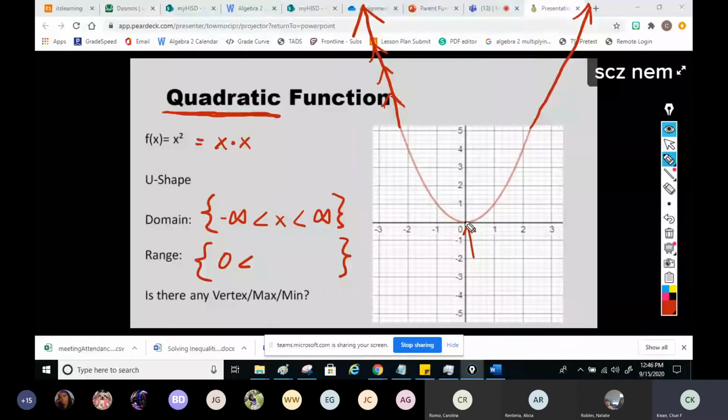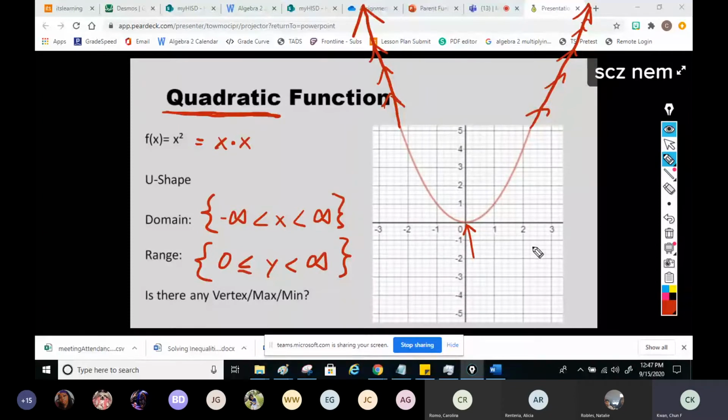If you don't see an open circle, we'll assume it to be a closed circle, so the 0 is included. We'll use an equal to. So 0 is less than or equal to y, and then less than how high the graph goes. Both sides are going to keep going up and up and up, and it will never stop. So it's going to be positive infinity.